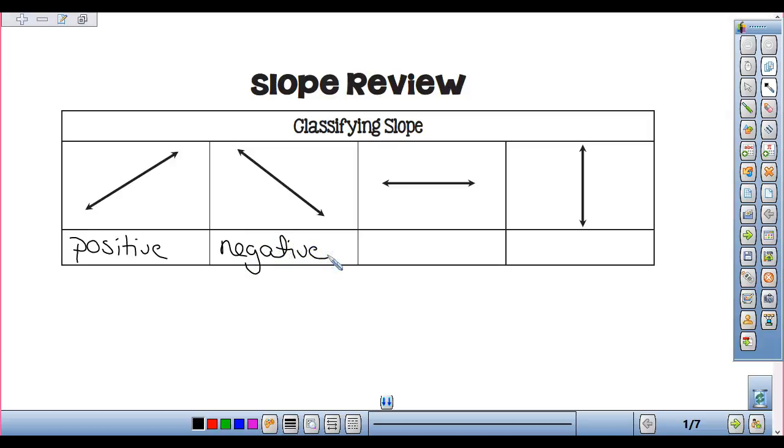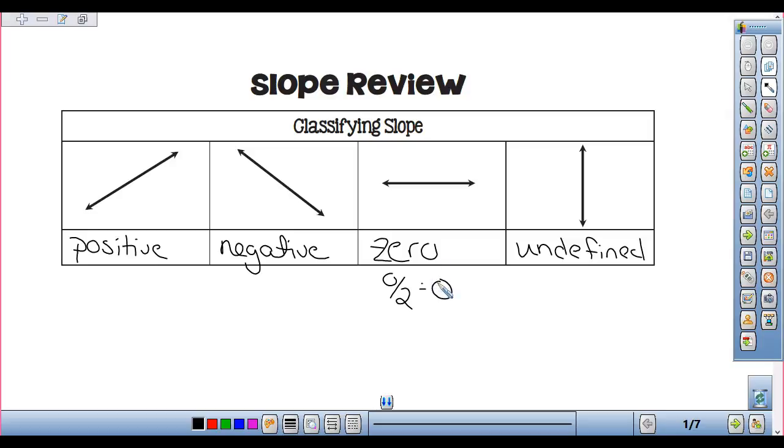This one, 0, and undefined. Okay. Can I take 0 divided by a number? Yes. So if I were to get like 0 over 2 when I do this algebraically, what would my slope be? 0.